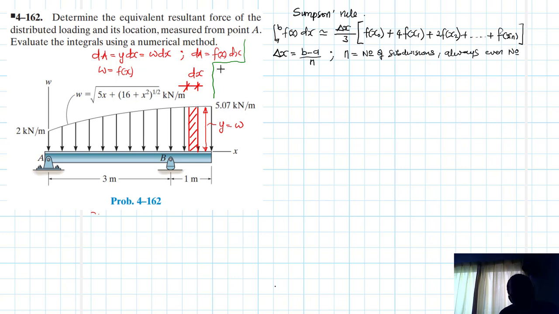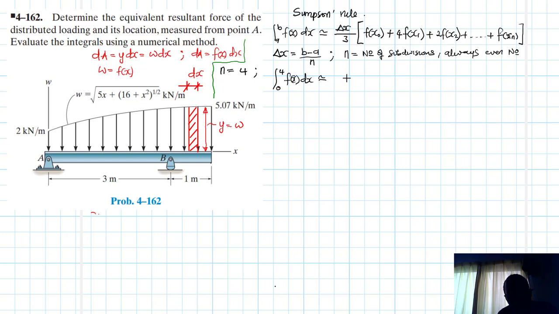If this is the case, then we have a equal to 0 and b equal to 4, right? These are the integration limits, since the length of our area is from 0 to 4. So we'll say the integral from 0 to 4 of f of x dx.